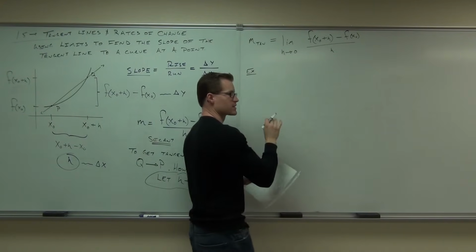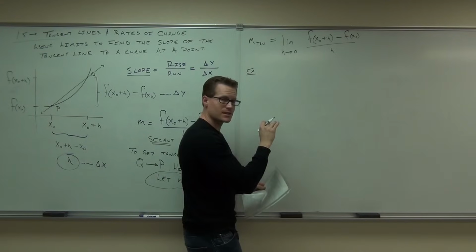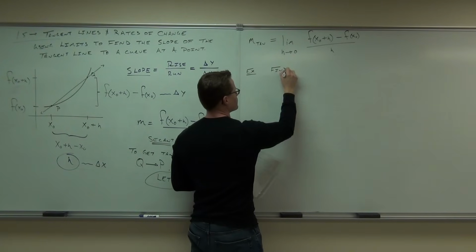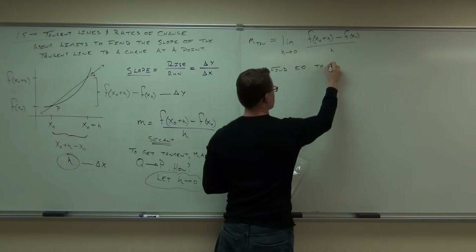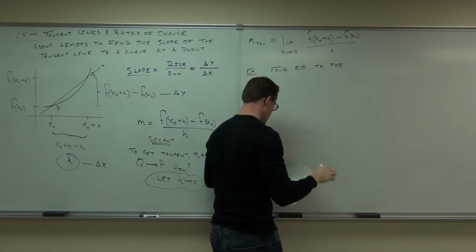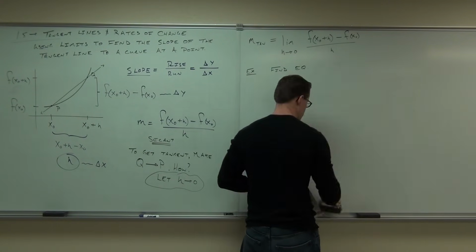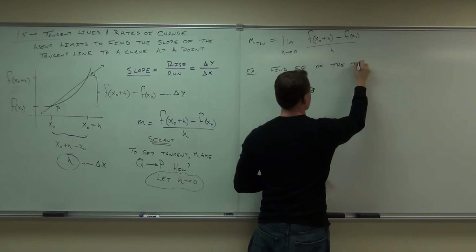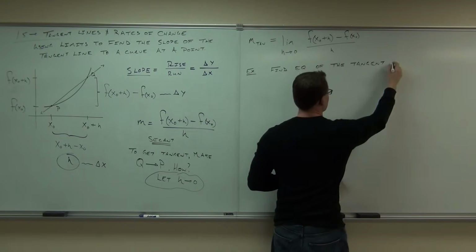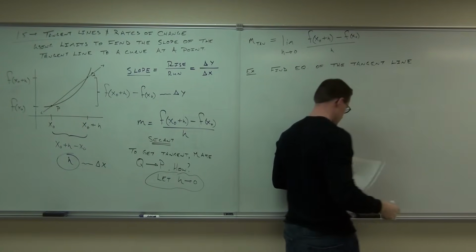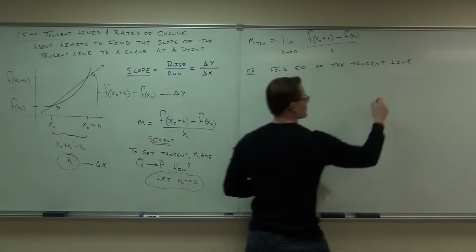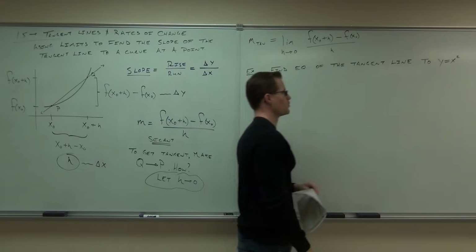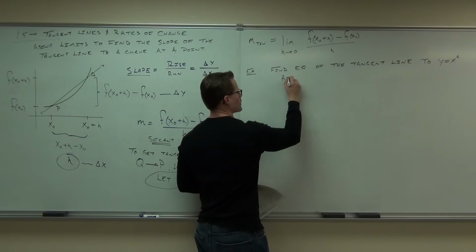So let's try this. We've done this example. We did it the long way. Now we're going to have a nice, easier way to do this. So find the equation, I'm sorry, of the tangent line to y equals x squared at the point.